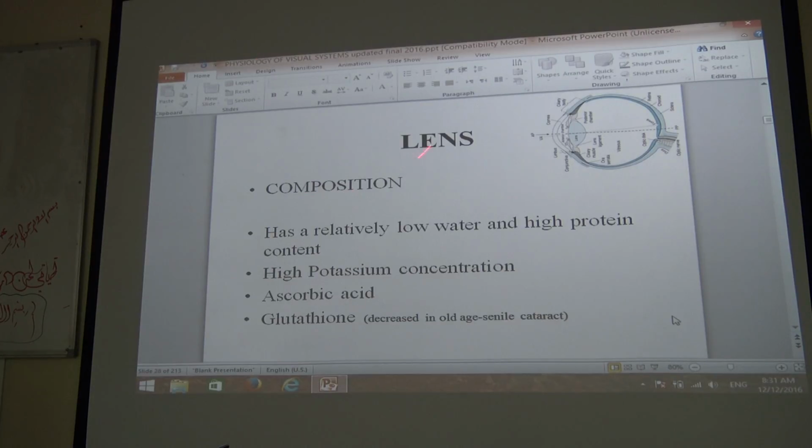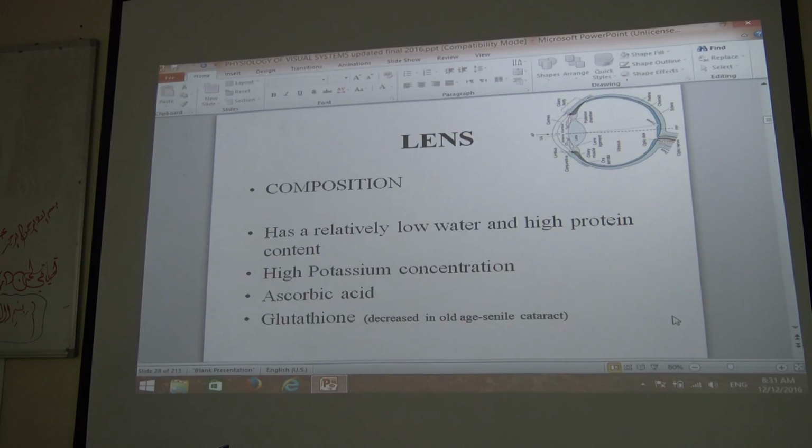The composition of the lens: there is a high concentration of ascorbic acid and glutathione. The value of the presence of high ascorbic acid and glutathione is to limit the aerobic glycolysis to the outer layers of the lens. So the center of the lens is in a reduced media.